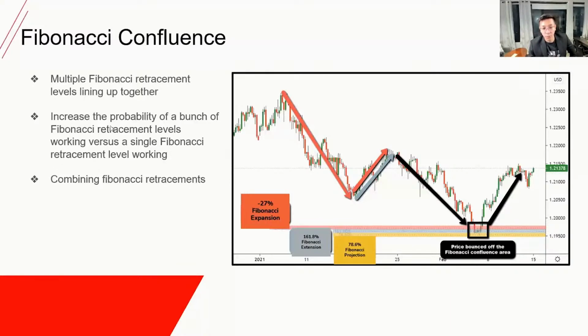This could increase the probability of a bunch of FIB retracement levels working versus a single FIB retracement level working. So you can combine these FIB retracement levels and you have your FIB confluence levels. That's why price bounced off the FIB confluence area when there were 3 confluences in this part.